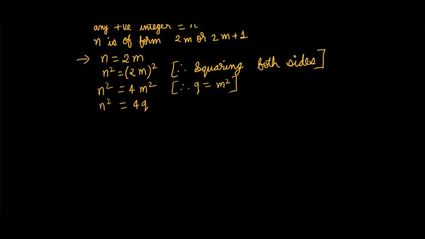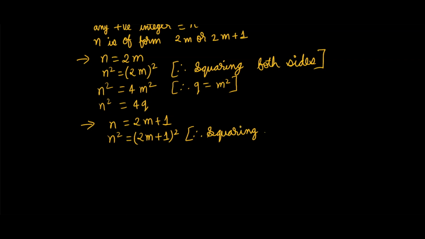Now we need 4q plus 1 as given in question. So we will take n is equals to 2m plus 1. So again we will square both sides. So I will write for you squaring both sides.